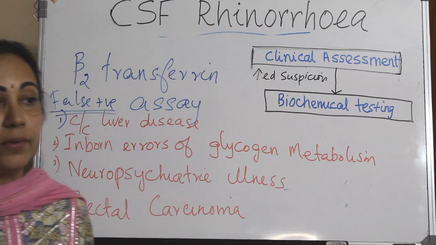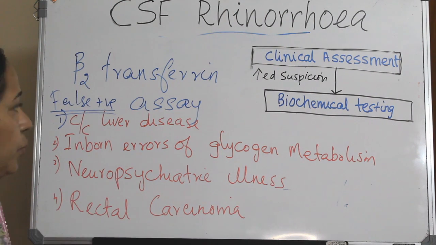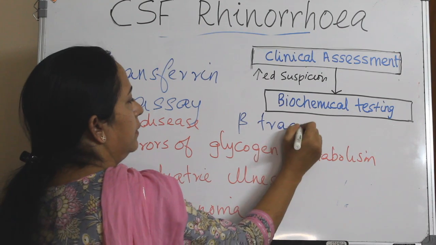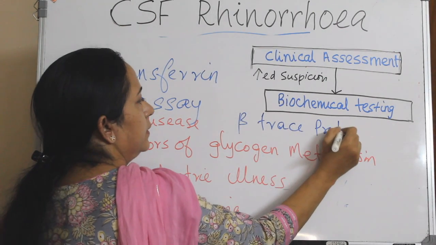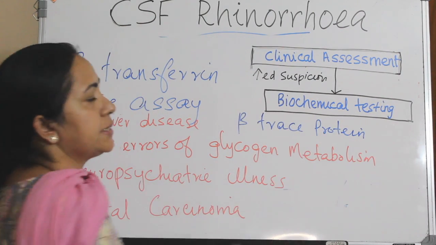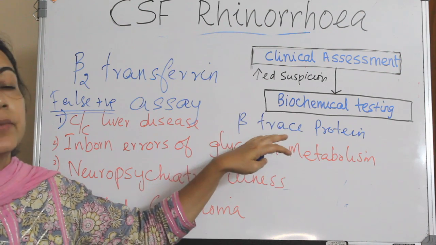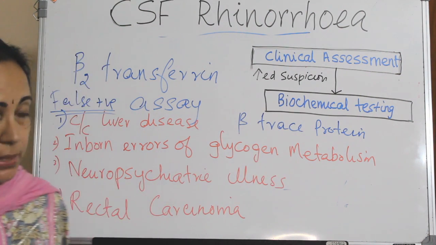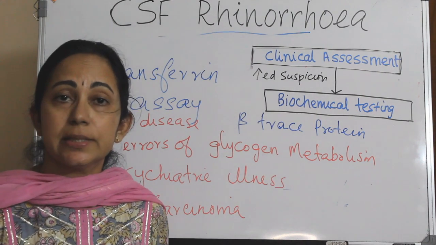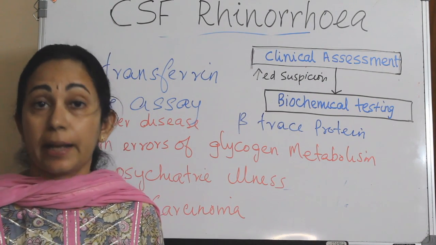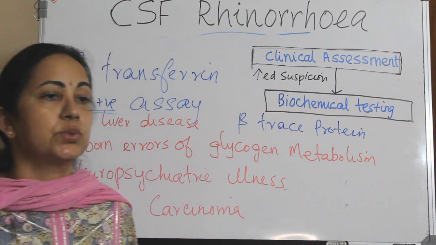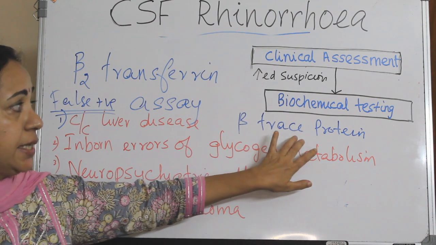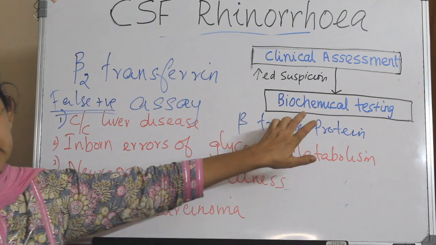So we also have a beta trace protein. This is a recent advance, the beta trace protein assay, which has got a sensitivity and specificity of around 100%. The beta trace protein assay is a comparatively cheaper and more rapid test than the beta-2 transferrin assay. So beta-2 transferrin assay and beta trace protein, these are the two biochemical tests.